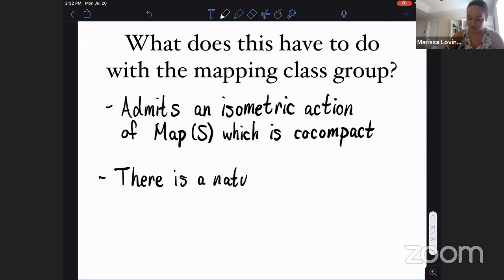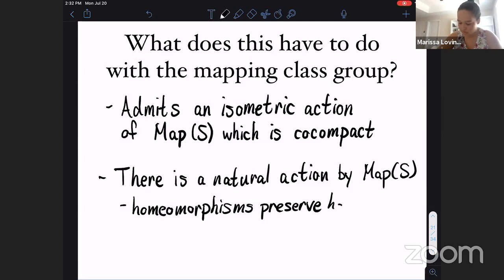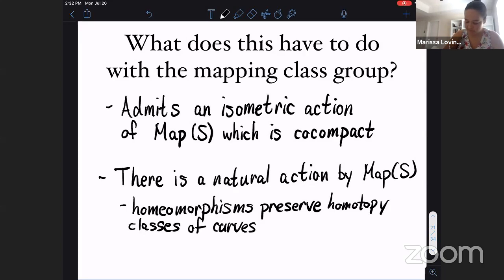I should really have put these in the other order, but this is a natural action, and it's just from the fact, so I'll write it for completeness, that homeomorphisms preserve the homotopy classes of curves and the geometric intersection number.